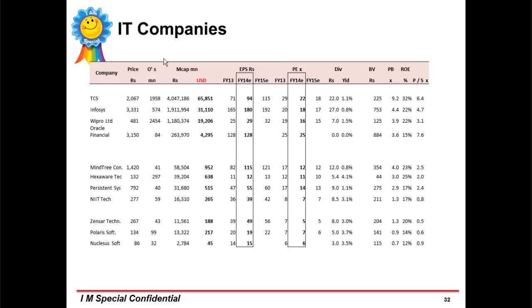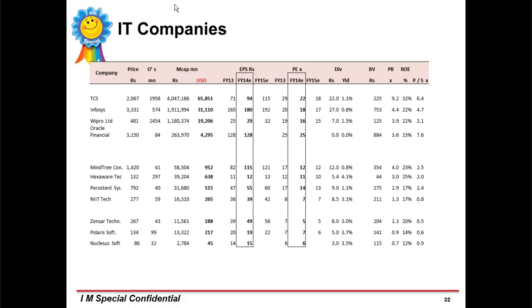Again, in this I have categorized companies into 3 different categories. The first four are the large cap companies. Look at the market cap. TCS has 65 billion, Infosys has 30 billion, Wipro 19 billion. Then I have taken one company, Oracle Financial, which has a market cap of 4 billion. This is a multinational company, so that is why I have taken it up.